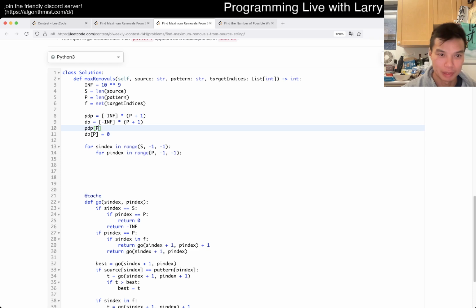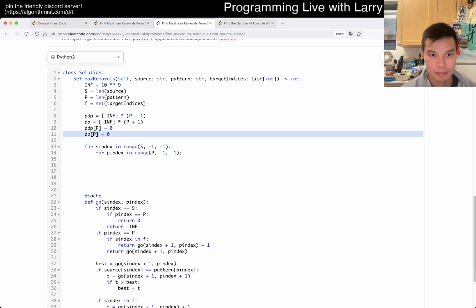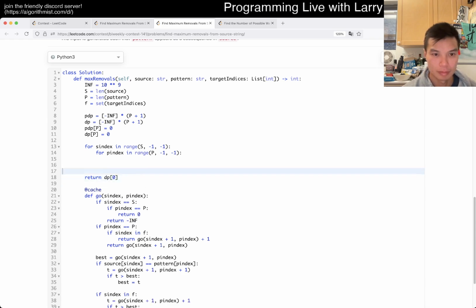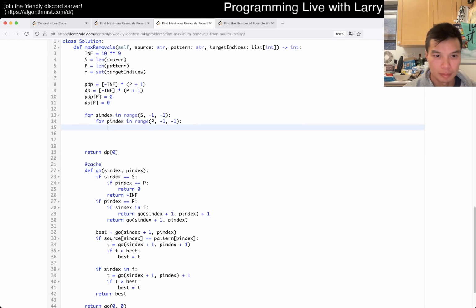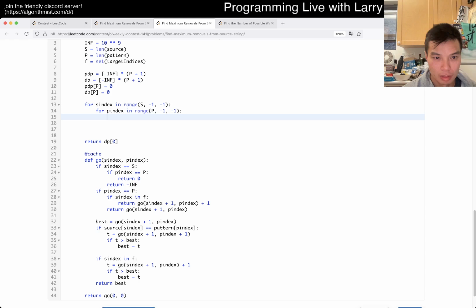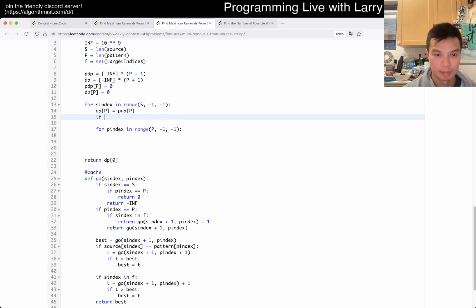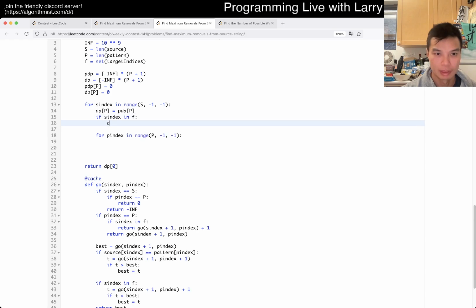I guess this part is pretty straightforward, actually. So then now dp of P is equal to dp of P, maybe, if S index is in F, then dp of P plus 1, right?